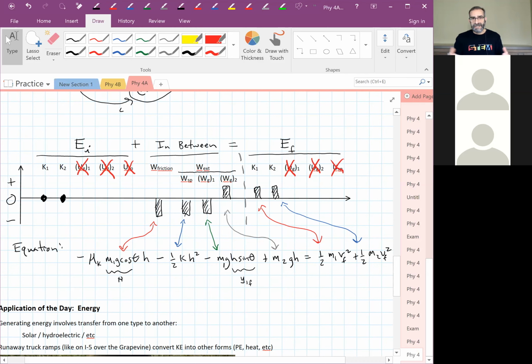And I think conservation of energy is an easier way to picture what's going on. Most people like it better. In the end, all of these give you the exact same equation. It's just the term is on one side of the equation instead of the other side of the equation, things like that.